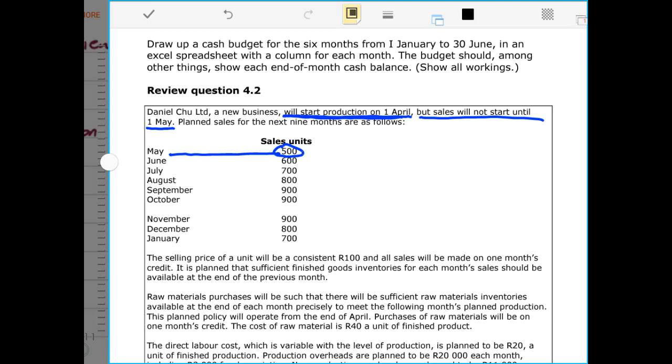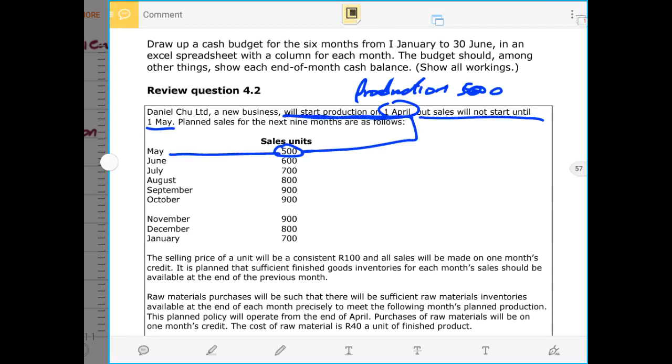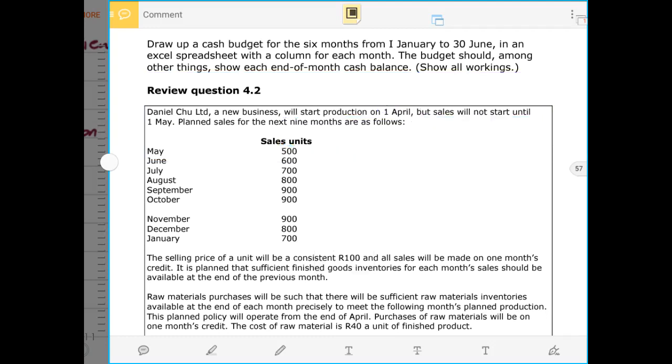In April, we had a production of 500 units, and all these units were sold in the month of May. That is why the sales of the next month is equal to production of the previous month.